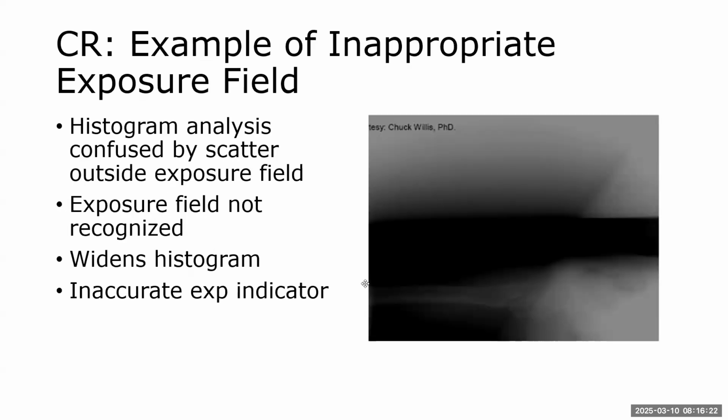We don't have that here. So it widens the histogram, which means all of these values out here are being included. That's bad, because those should not be included, and that's why this is being displayed really dark. And if we saw an exposure indicator, it would probably not be accurate.